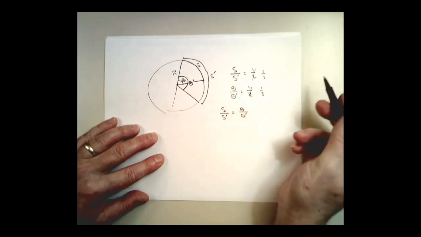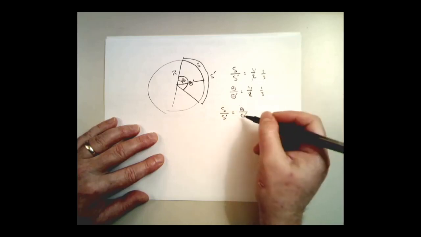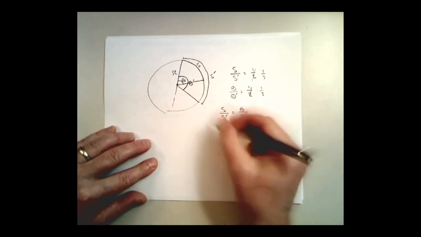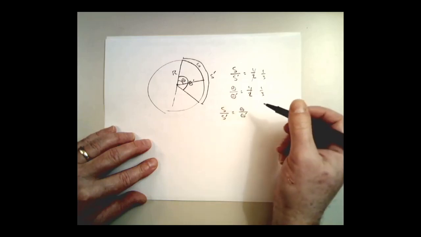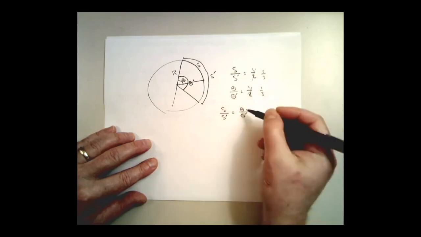Now, if we only knew of some circle for which the arc length and the angle were known, then I would be able to figure out what a relationship was between S and theta. But I do know of such a circle or such an arc length.